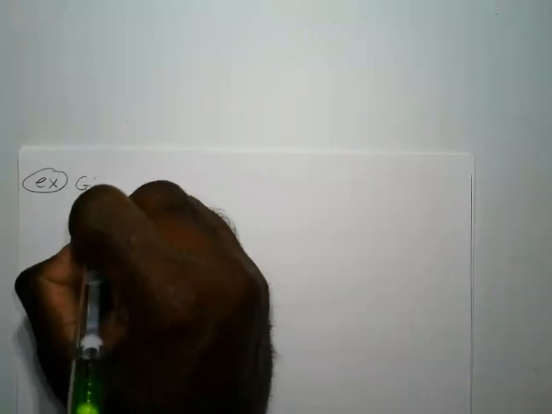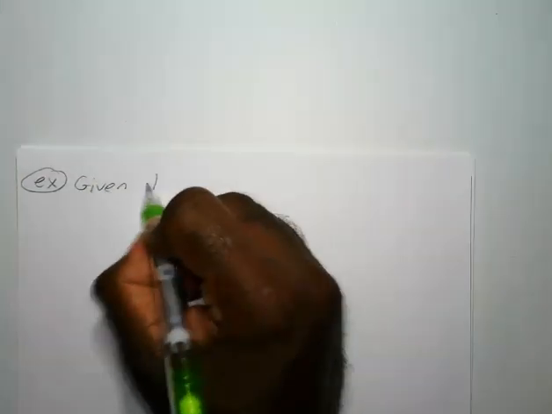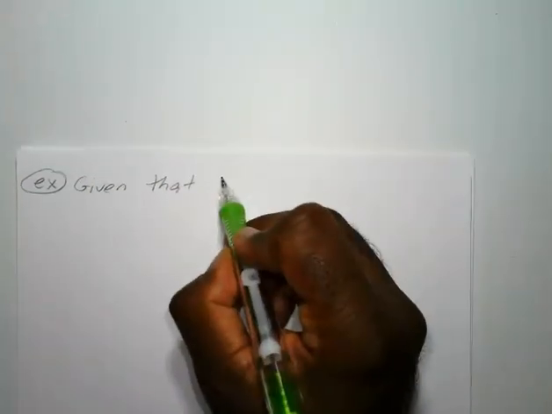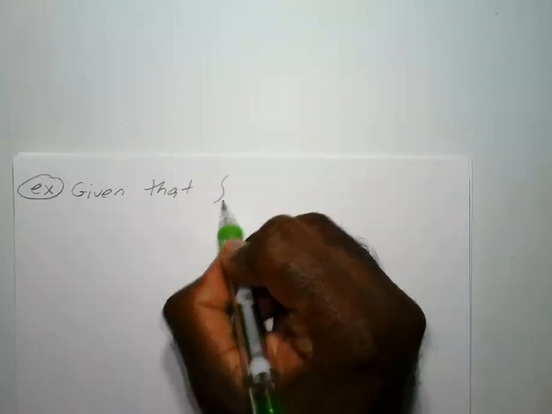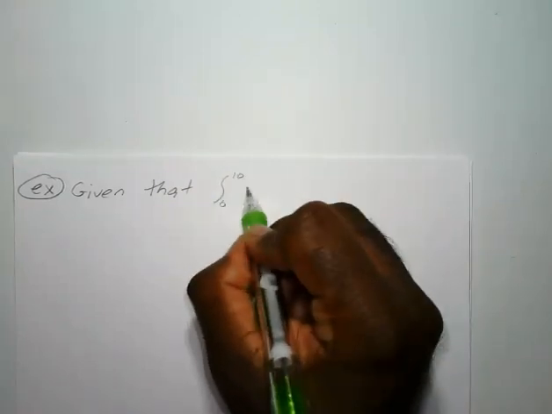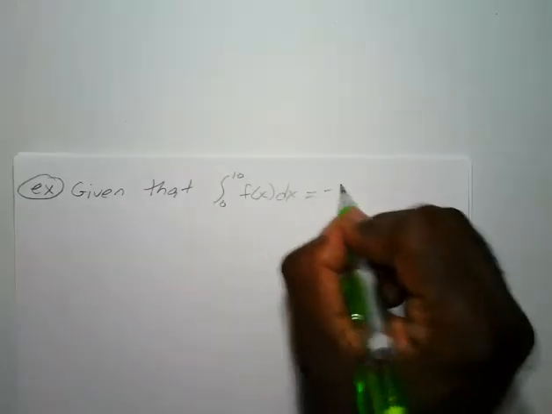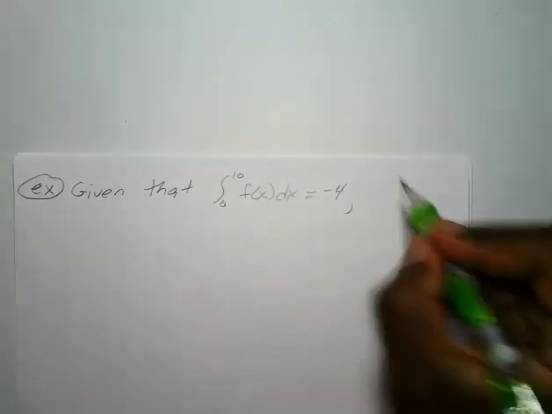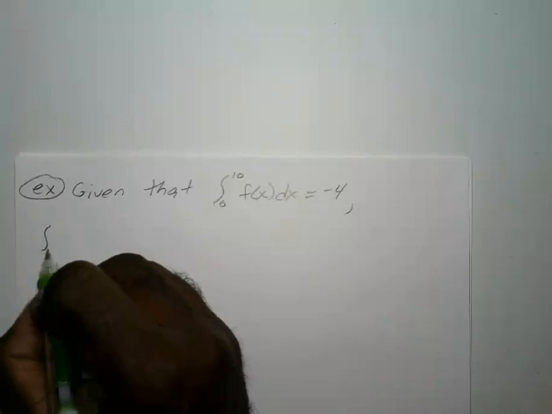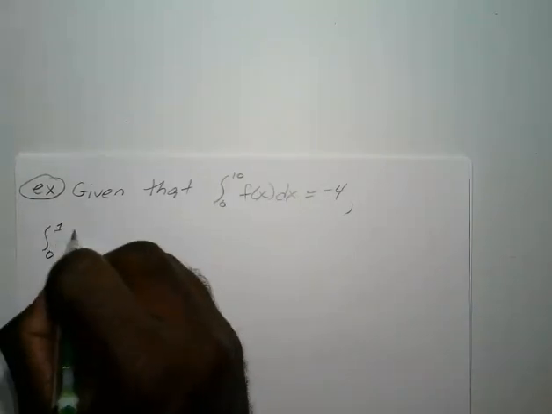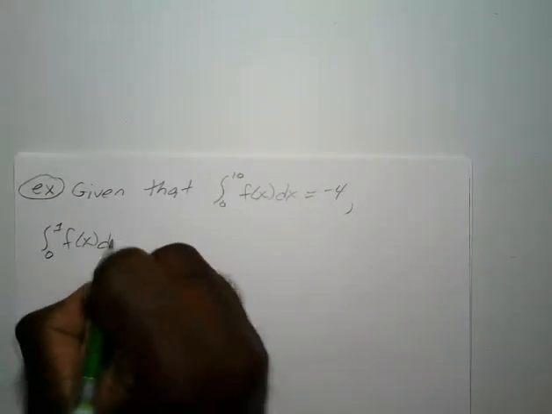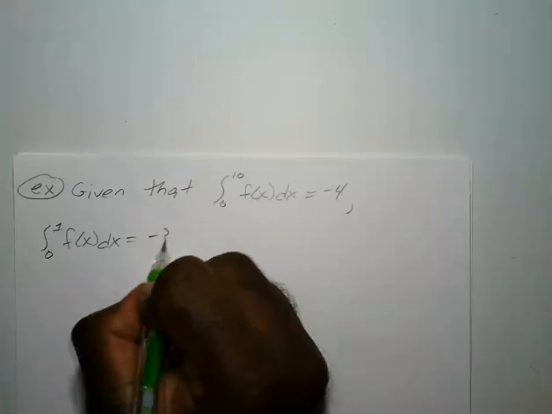Okay, so let's say, for example, you are given that the integral from 0 to 10 of f of x with respect to x is equal to negative 4. We also know that the integral from 0 to 1 of f of x with respect to x is equal to negative 3.